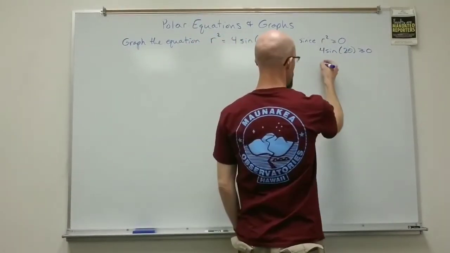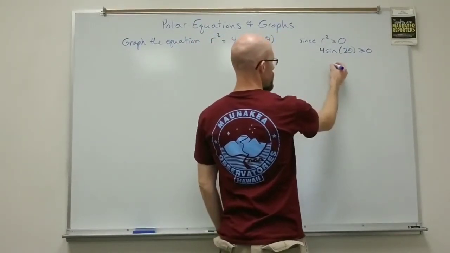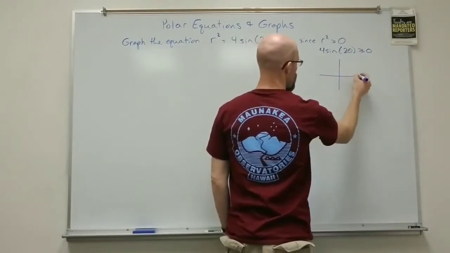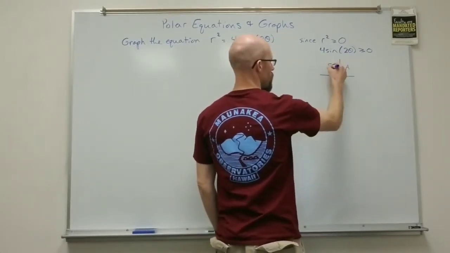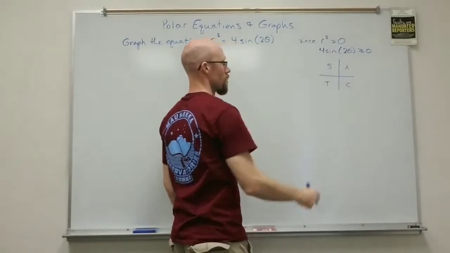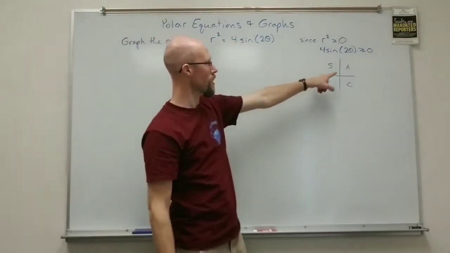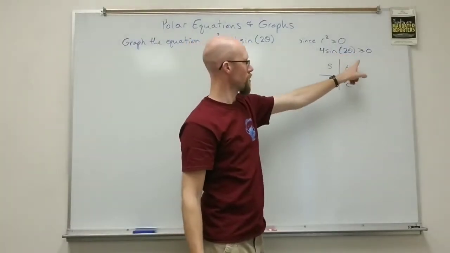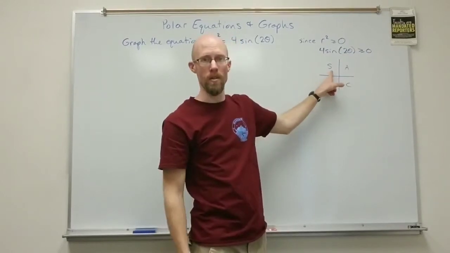So that means the sine is positive, which means that the angle, if you think about All Students Take Calculus, ASTC, the sine is positive in the first and second quadrants.